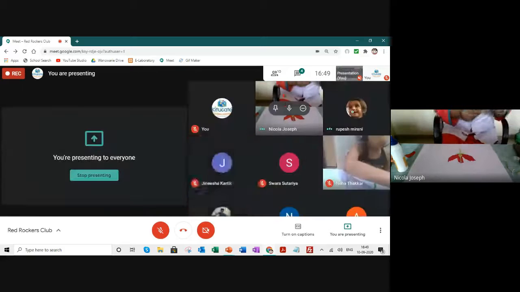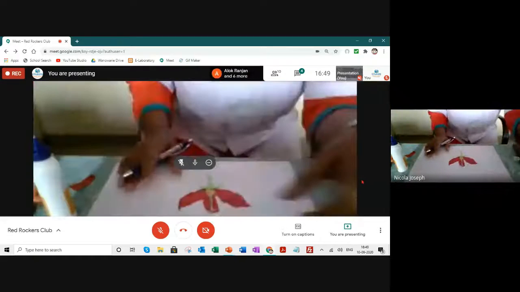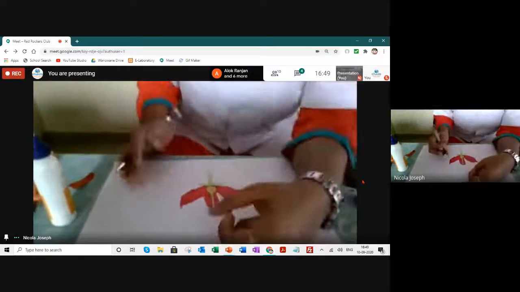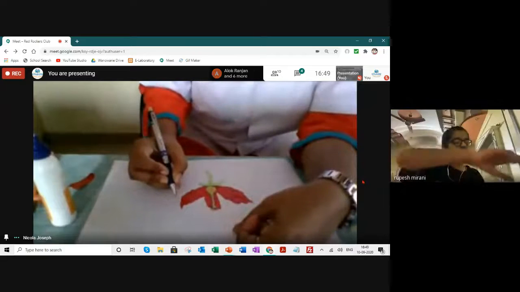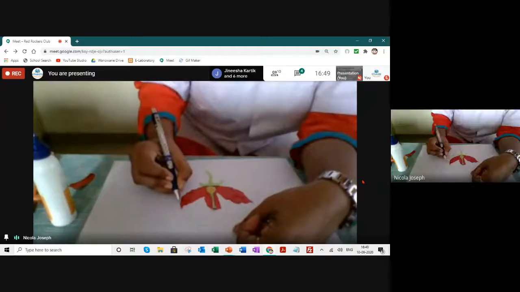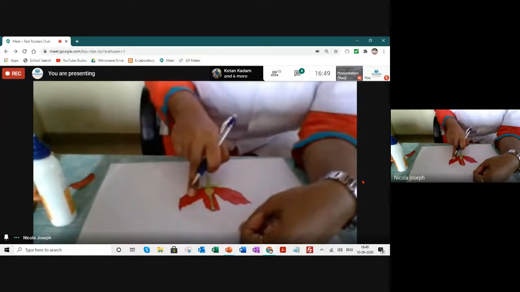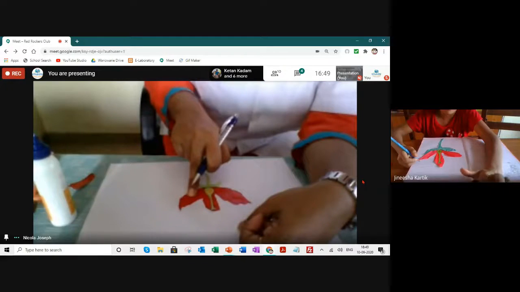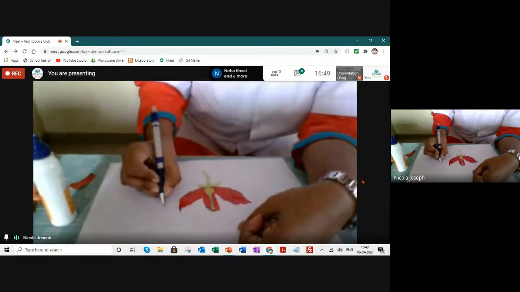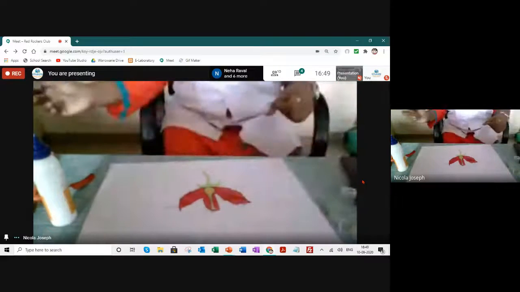Okay. So, see. Pull a line. What is this red colored portion called? Petal. So you all will pull a line. You will do it with the pencil, okay?